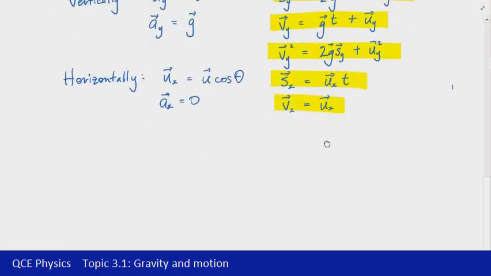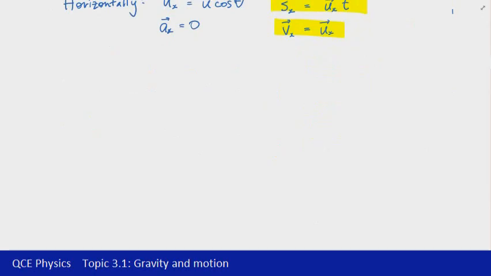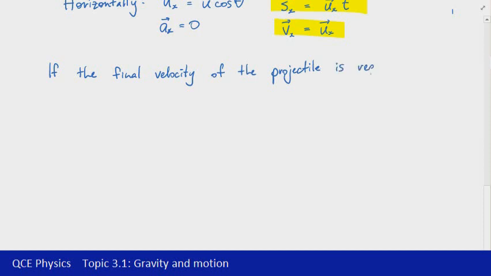One last little point to make here. When you're dealing with projectile motion, we're resolving into components, but if the final velocity is required, so if we need to figure out what the velocity is when the object, say, hits the ground, that means that we need to sort of go in reverse and combine those two components back into one. Now, it won't always be required. It will depend on the question that's being asked as to whether you need to calculate the final velocity.